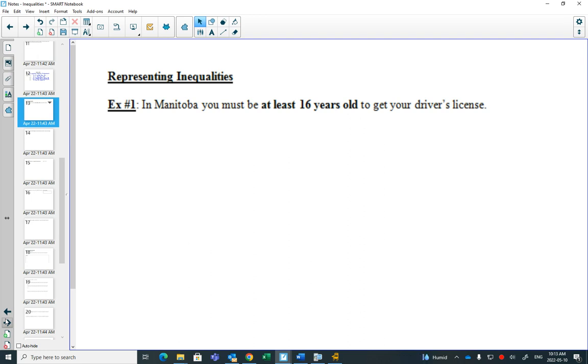So how do we write this? I'm going to use A for age. Your age has to be something with 16. What symbol would I put in there? Greater than, and you'd also need the equals there, because you could be 16 and you could be older, but no 2-year-olds are allowed.